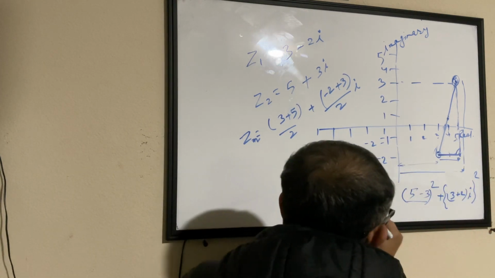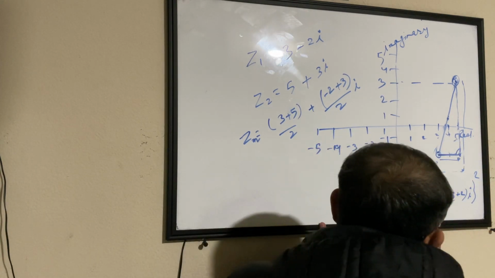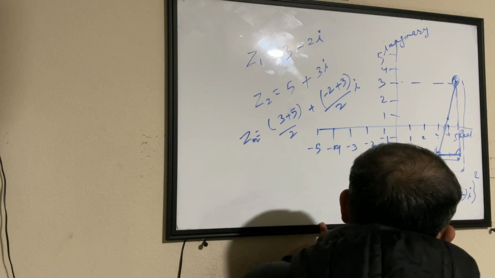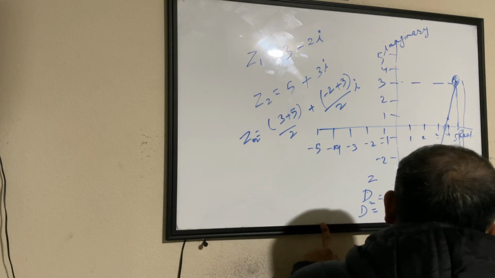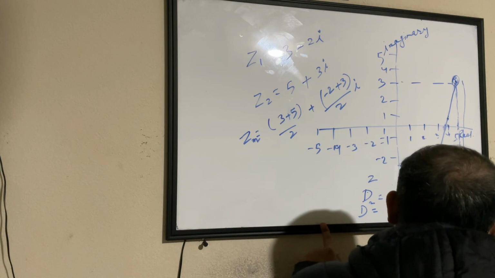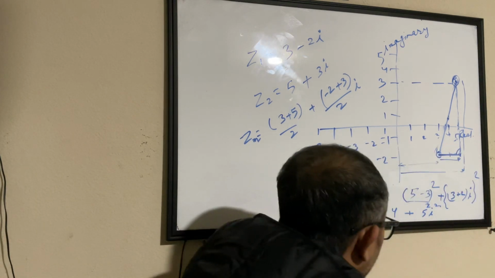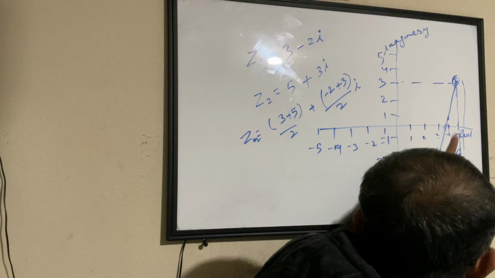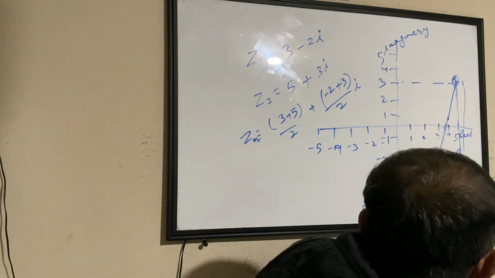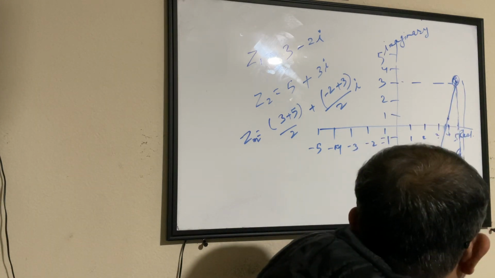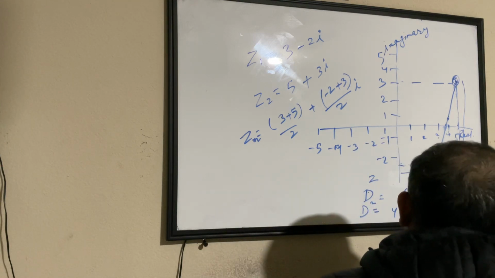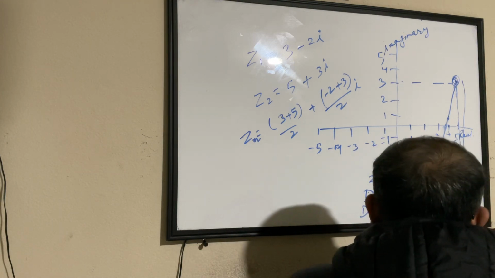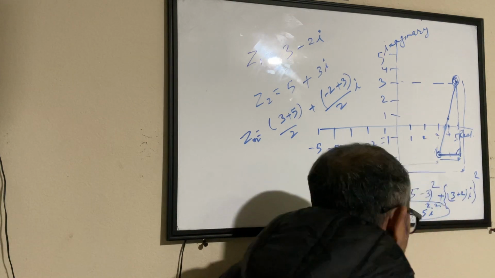So d square equals 5 minus 3 square, which is 2 square, which is 4, plus 3 plus 2, 5i square. So 5 square and i square. That gives you this length. Yeah. So 5 square is 25, and i square is minus 1. From this you can find this total value.